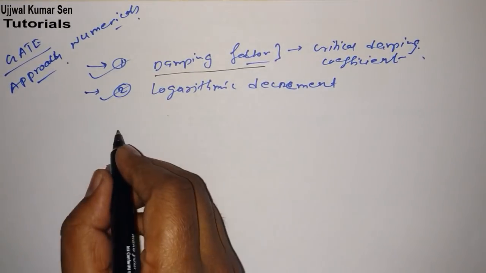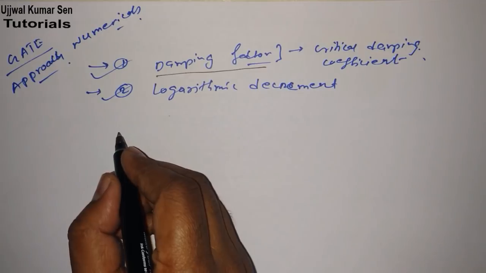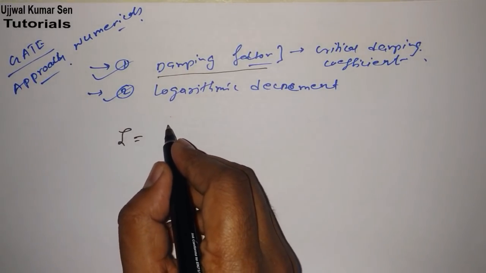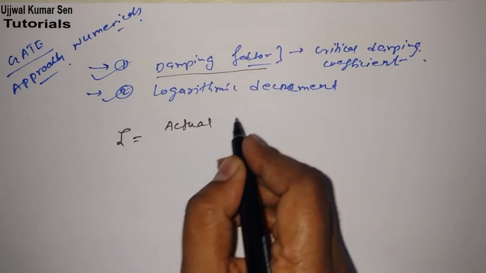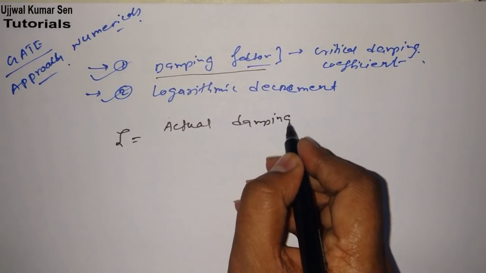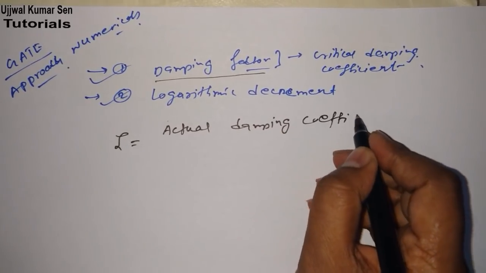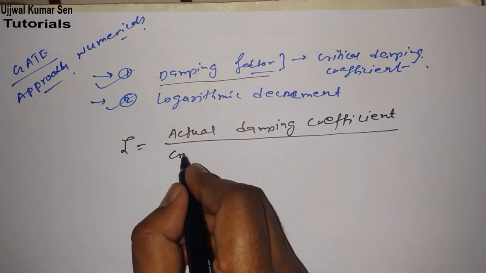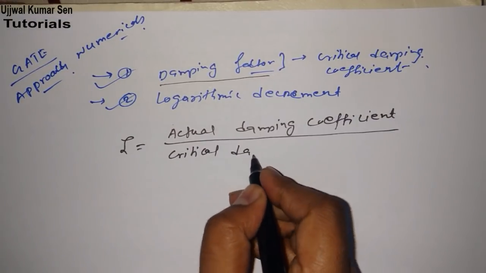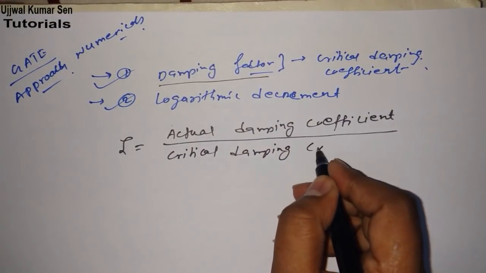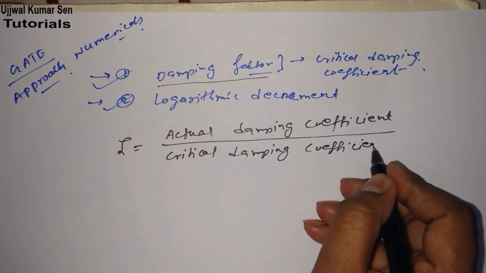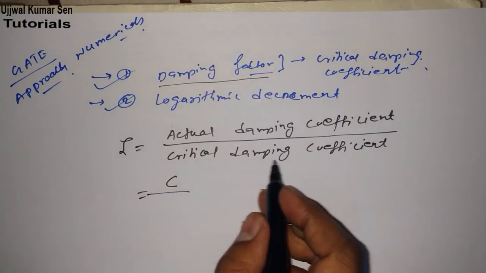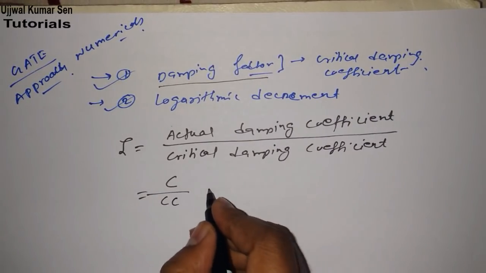So what is basically damping factor? Damping factor is denoted by zeta, and it is the ratio of actual damping coefficient to critical damping coefficient. Actual damping coefficient is denoted by C, and critical damping coefficient is denoted by Cc.